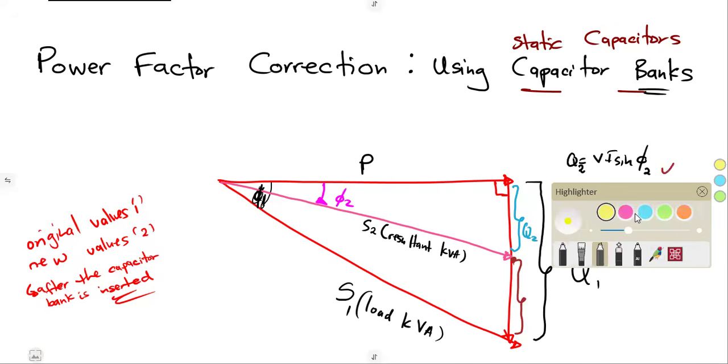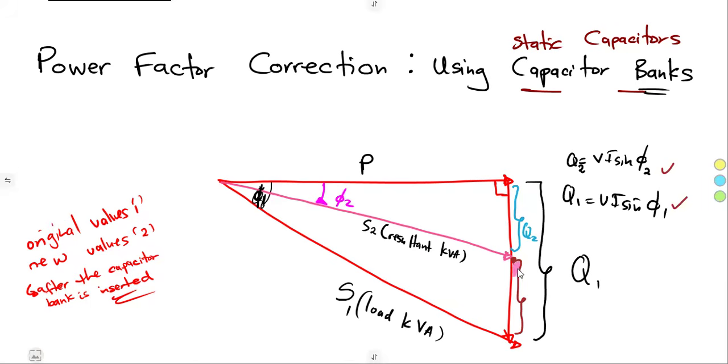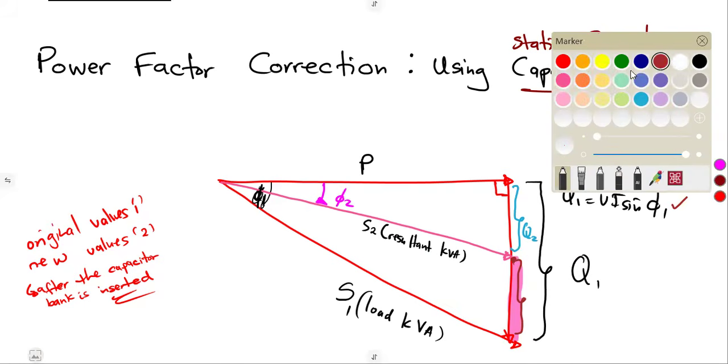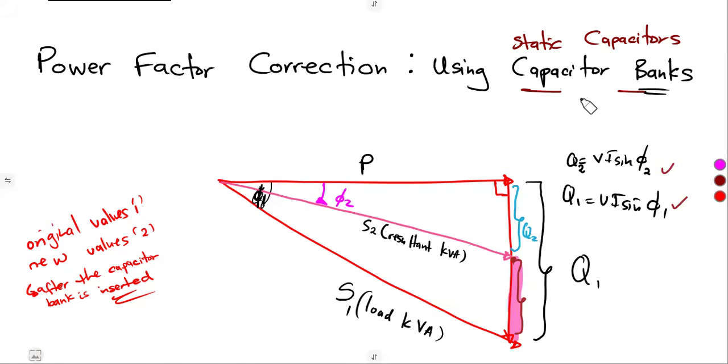This whole region or space that is remaining from these two, Q1 and Q2, this part that I'm indicating here, is the one for the capacitors that were being installed.